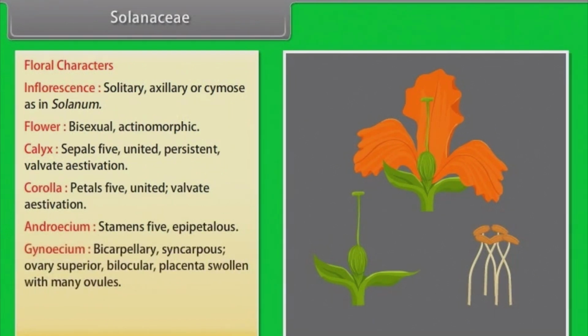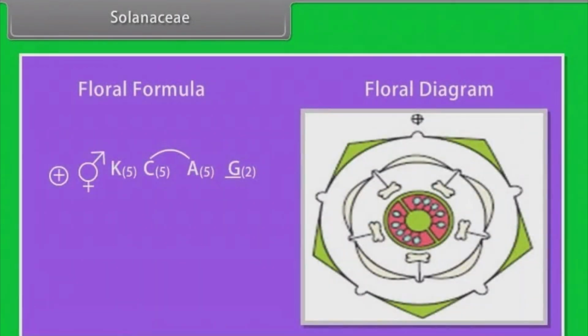Gynoecium bicarpellary, syncarpous, ovary superior, bilocular, placenta swollen with many ovules. Fruit berry or capsule. Seeds many, endospermous. Floral formula is shown, and this is the floral diagram.